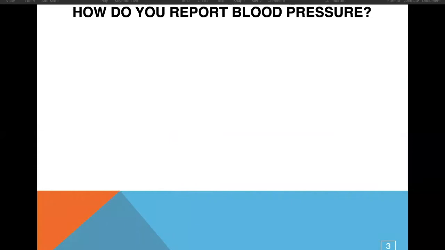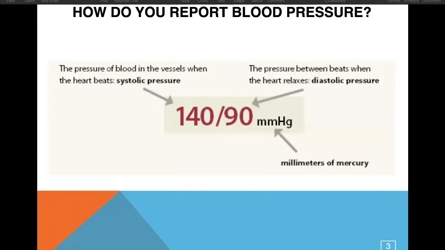So how do you report blood pressure? It depends a little bit on how you take it, and we'll discuss a couple different methods of acquiring a blood pressure. But we record generally the systolic pressure over the diastolic pressure.